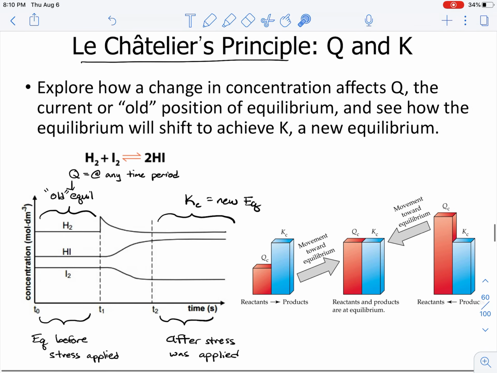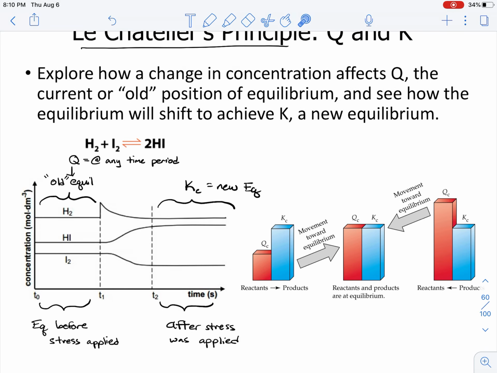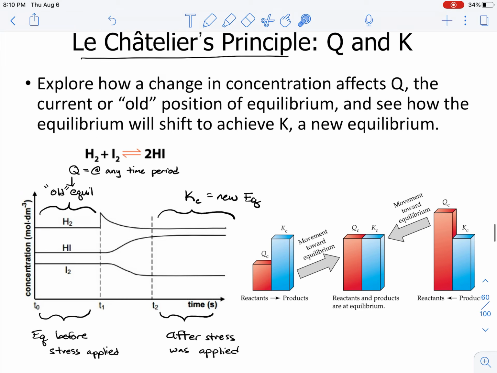All right, so overall, we're going to explore how changes in concentration will affect the value of Q, and how the equilibrium will shift to achieve K, which represents the new equilibrium.